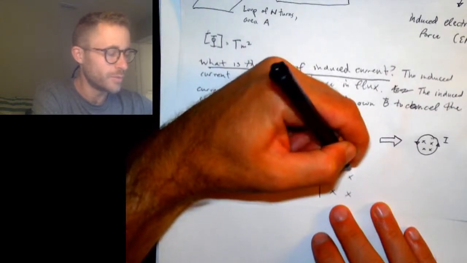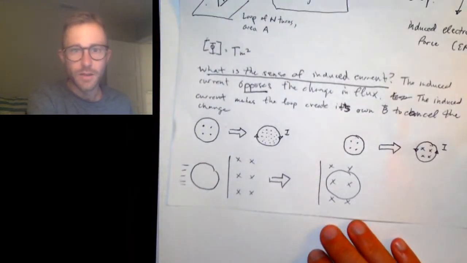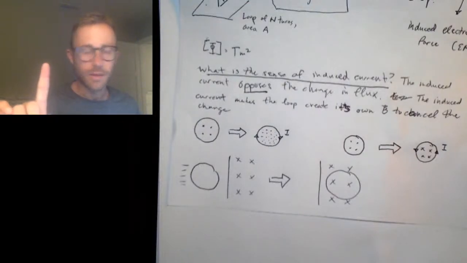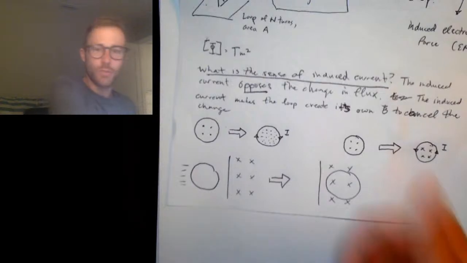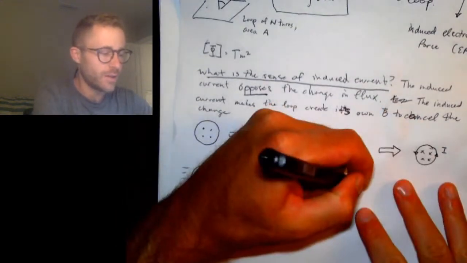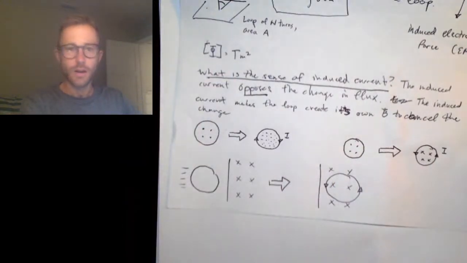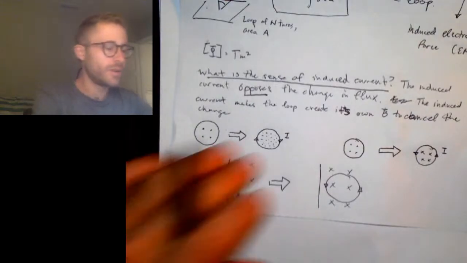So the loop has moved into a place where it now has a flux into the page. So the loop says, I don't like that. You made me have into the page flux. So I'm going to cancel that out because I used to have no flux. So now I'm going to make my own magnetic field out of the page. And the way to do that is to have a counterclockwise current. So, yeah, that can happen.